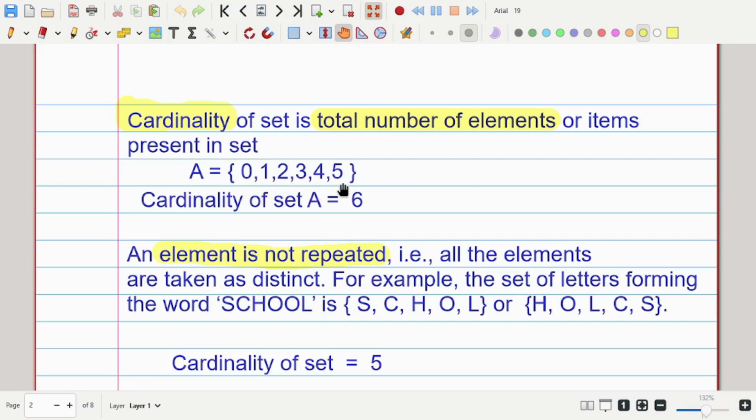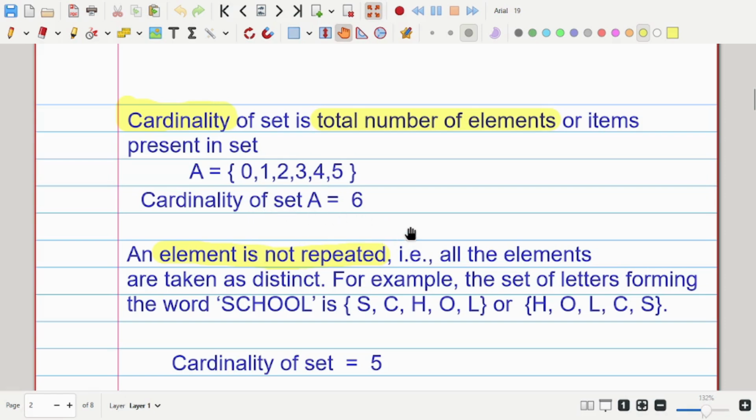So the cardinality of a set means total number of elements or atoms present in a set. Elements of set A are 0, 1, 2, 3, 4, 5. Now count it: 1, 2, 3, 4, 5, 6. Therefore, the cardinality of set A is 6.